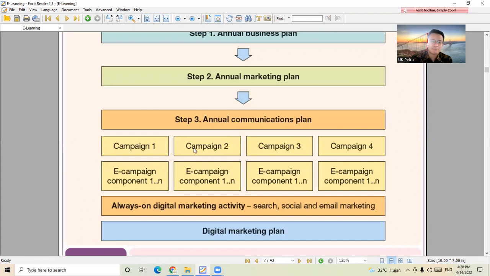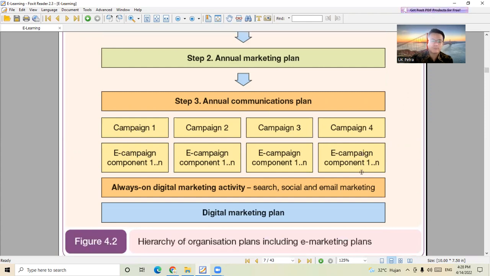These campaigns can be separated, depending on the company's purposes or objectives. For example, in these pictures, we can see there are 4 campaigns. Campaign 1, maybe it is used for promoting a certain product. Campaign 2 is used to promote other products, and so on and so forth.